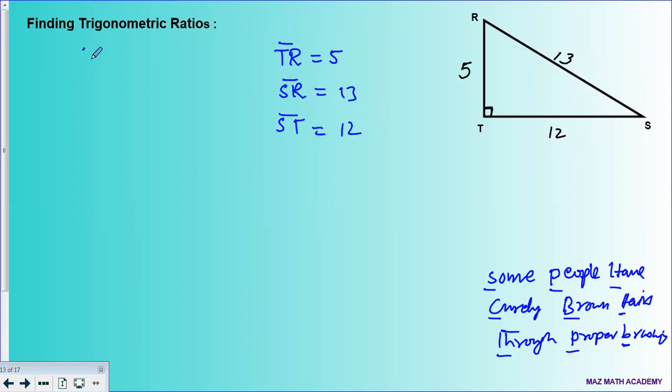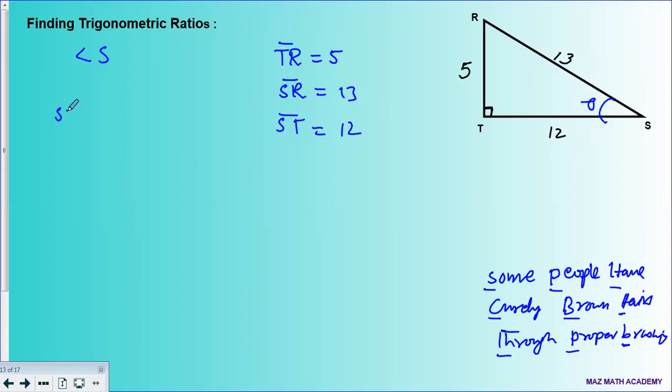Remember, we calculate trigonometric ratios with respect to angle S. So we take this angle S here. Now how do we calculate the values of sine, cosine, and tangent for this indicated angle S?